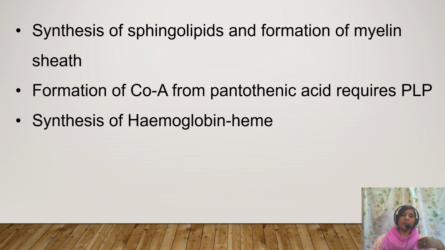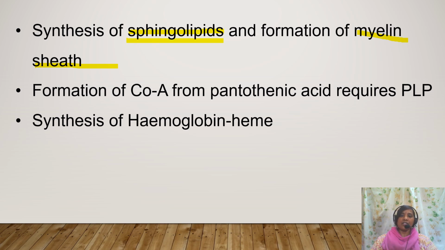The synthesis of sphingolipids also requires PLP, where the nerves of the neuron contain a protective sheath called the myelin sheath. Sphingomyelin is a main constituent, and sphingomyelin is nothing but a sphingolipid.